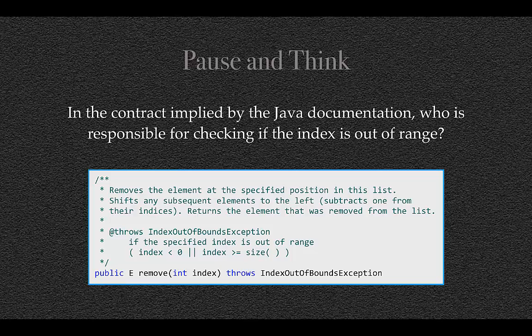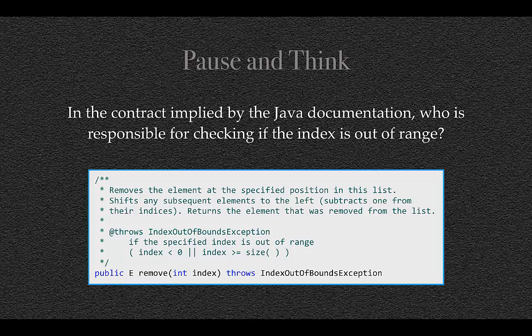Ready? If you interpret this Java documentation as a contract, then this contract is saying that the implementer needs to check if the index is out of range. Otherwise, the implementer cannot throw the index out of bounds exception that the contract describes. There's nothing stopping the client from checking the index also, and a diligent client would probably want to make sure that the index is in range so that an exception does not occur.